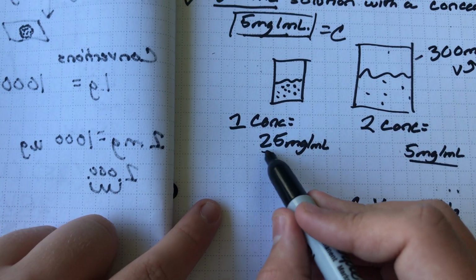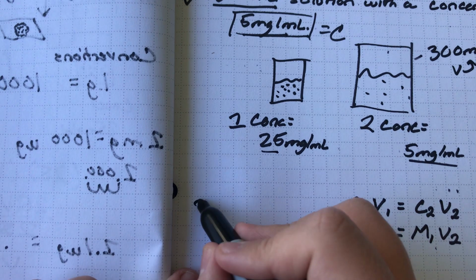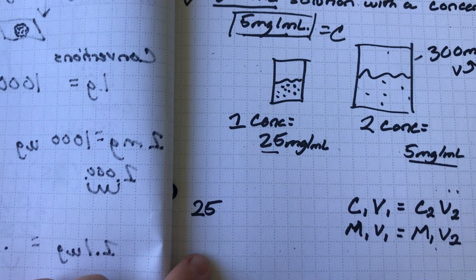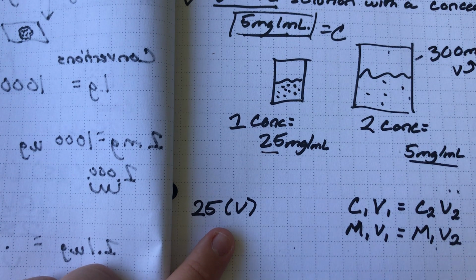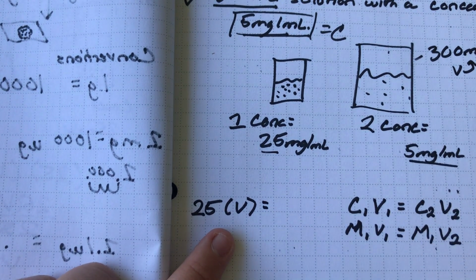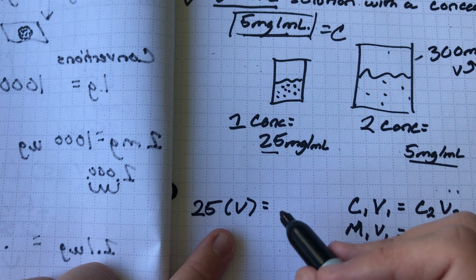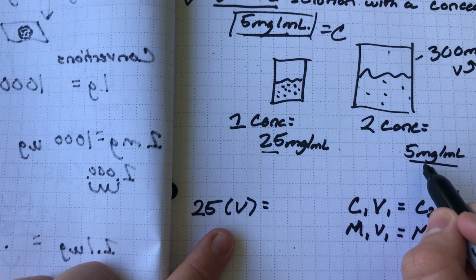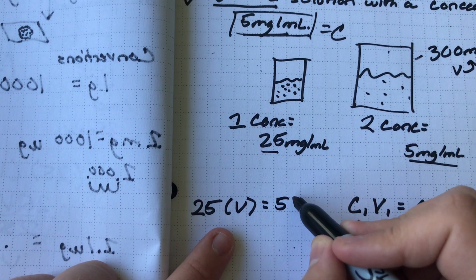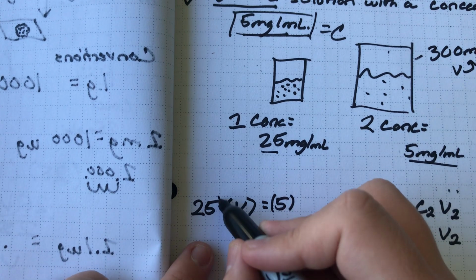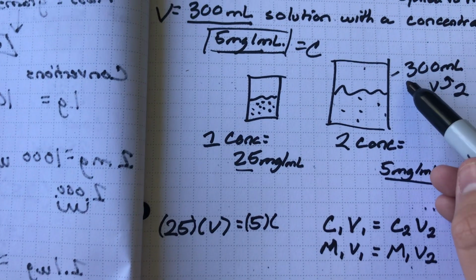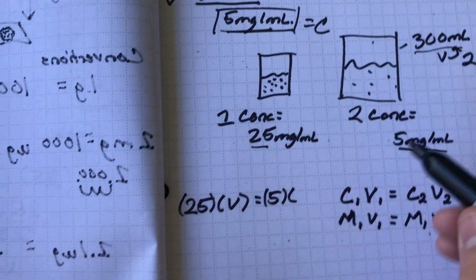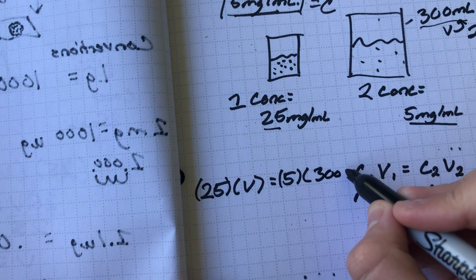So the first concentration was 25, so we're going to put 25 times some kind of volume, we don't know the first volume, is equal to the second concentration, which is 5, times the second volume, 300.